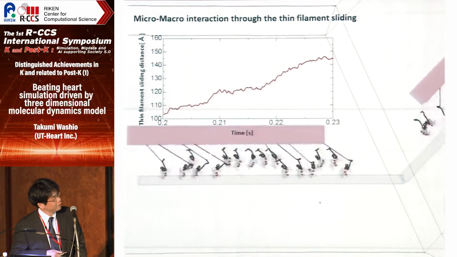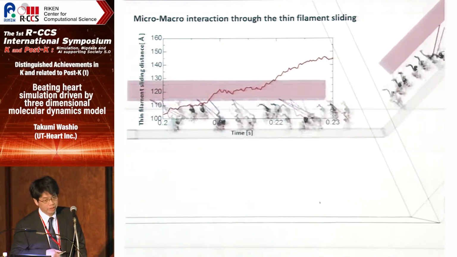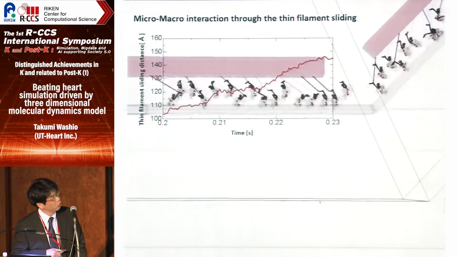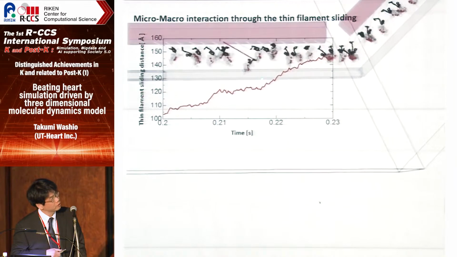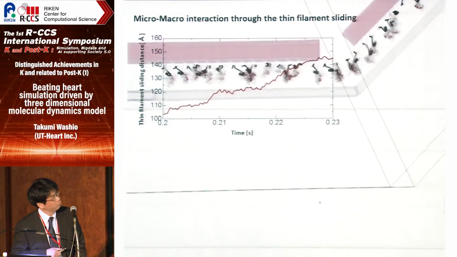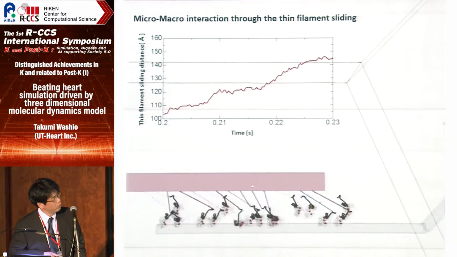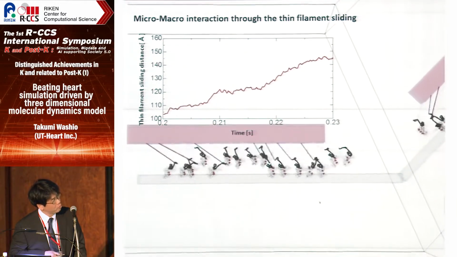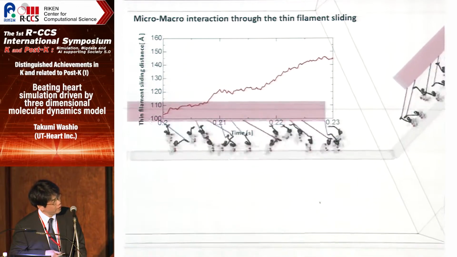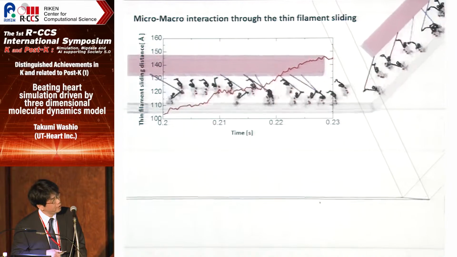And in this animation, the color shows the pulling force. This red color shows the positive force, and it contributes to the contraction of this filament. And the negative shows negative pulling force, which is hampering the contraction. So in the usual cycle, with this lever arm swing, the positive force is generated. But with filament sliding, this positive contribution is gradually eliminated.